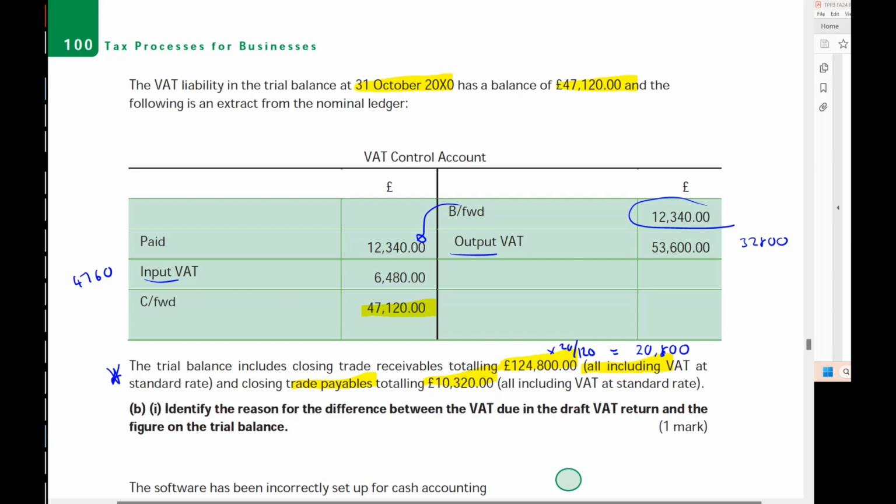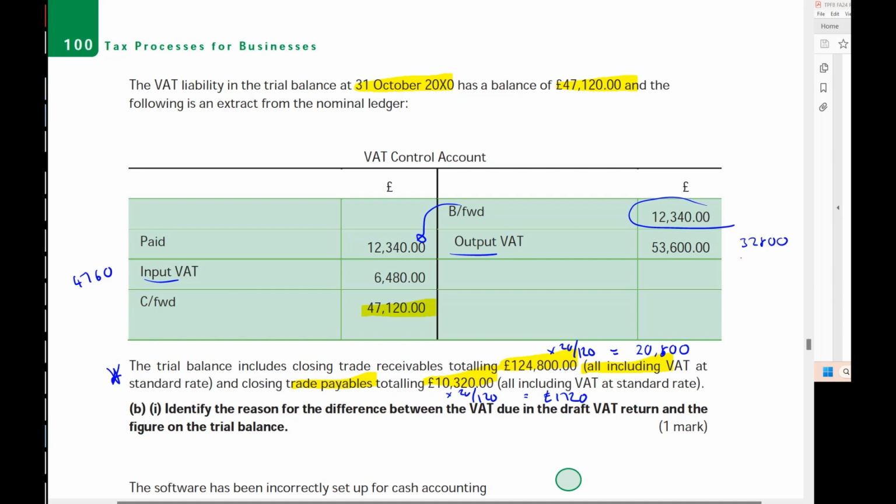$20,800. And closing trade payables, 10,320, multiplied by 20, 120, 1720. So do those figures account for the difference maybe?